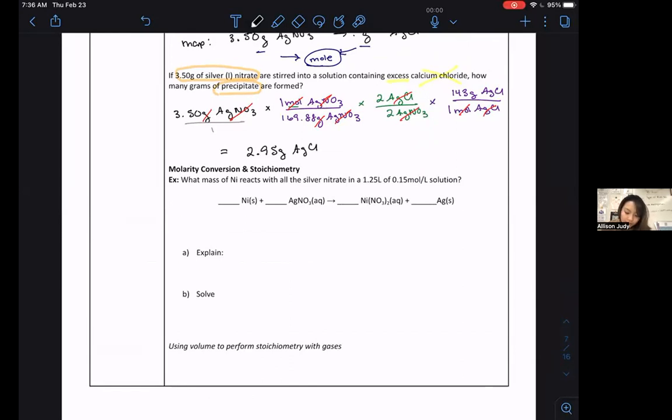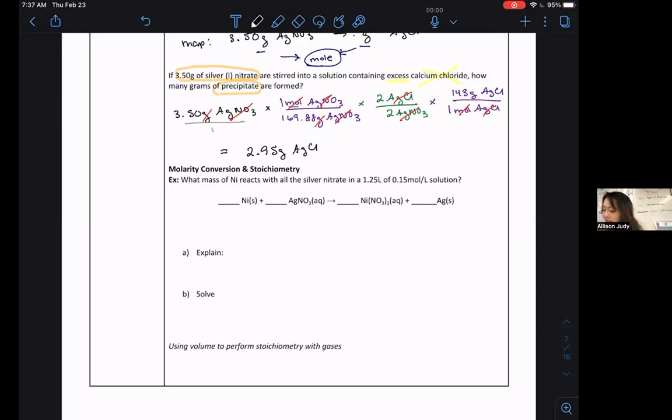What we have here is a similar problem: what mass of nickel reacts with all the silver nitrate in a 1.25 liter, 0.15 moles per liter molarity solution? If you're wondering how this is stoichiometry, basically stoichiometry is anything with a mole and a balanced chemical reaction. We're already meeting those qualifications through molarity, and then we have the reaction below.